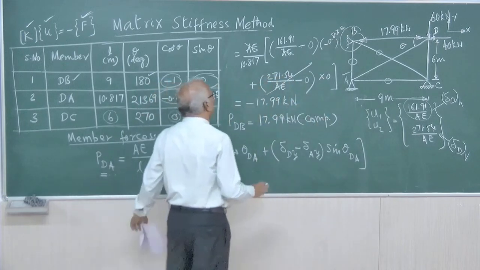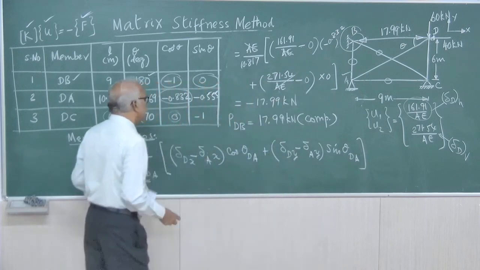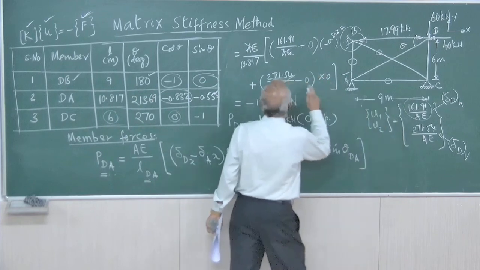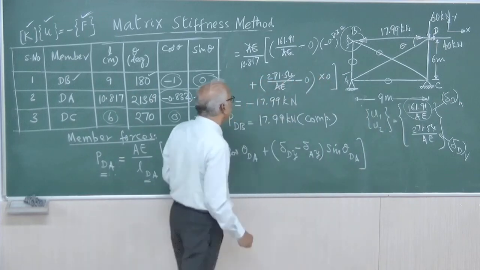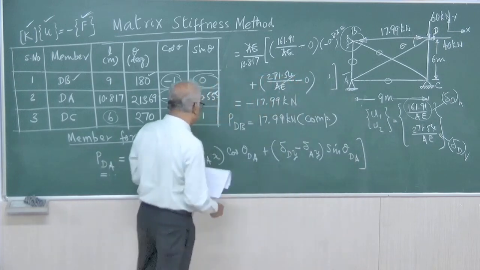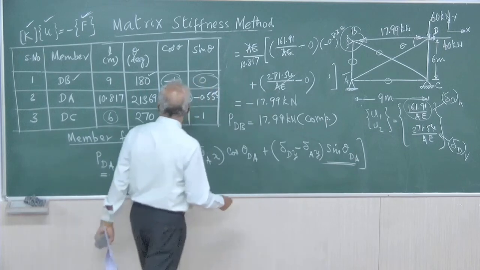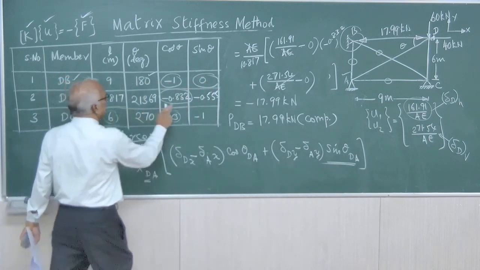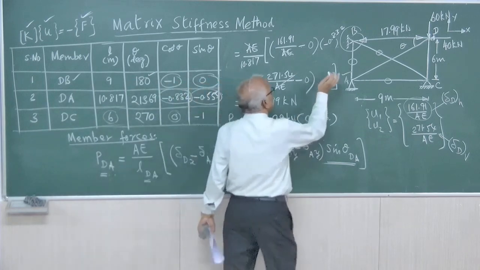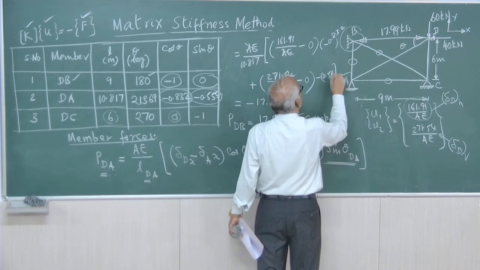And coming to the y direction, it is again 271.54 by AE, into sin theta dA. Sin theta dA equal to minus 0.555.